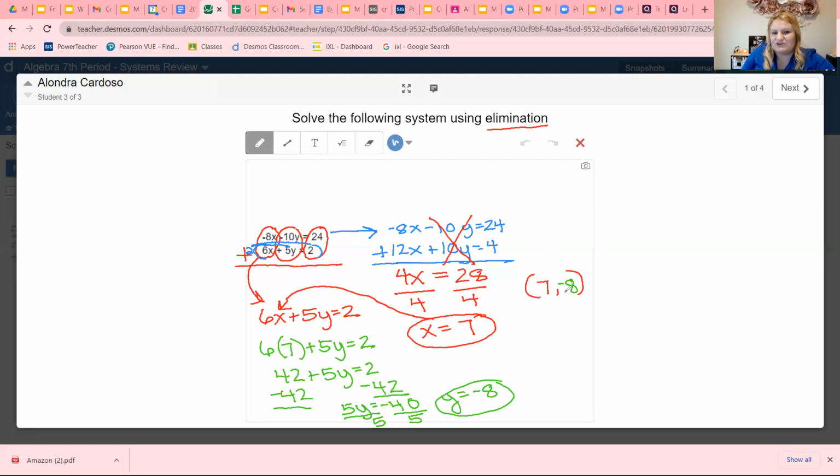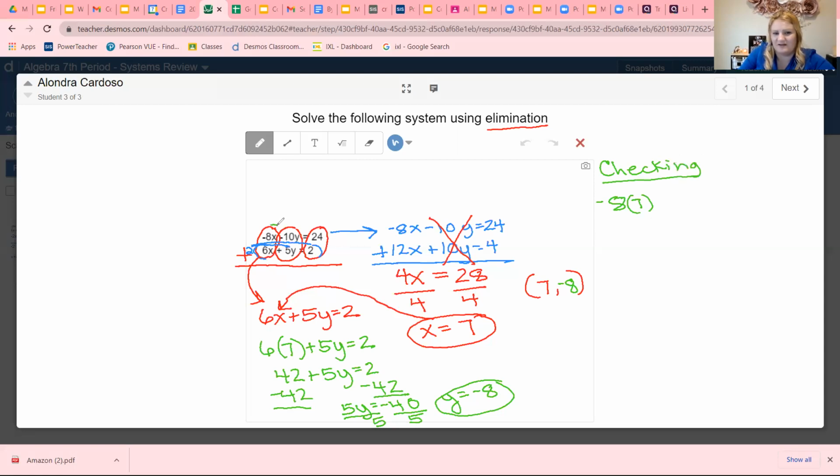If I wanted to check this to make sure that it was correct, you can plug it in to the equations. So if I plugged it into the original equation, my original equation was 8x, but instead of an x, I'm going to put 7. So all I'm doing is checking my work.